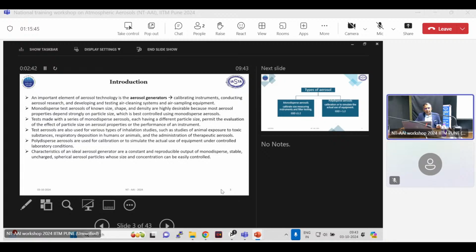Tests made with a series of monodisperse aerosols, each having a different particle size, permit the evaluation of the effect of particle size on the performance of the instrument. Then polydisperse aerosol is used for calibration of some equipment in controlled laboratories, and naturally generated aerosol will basically be polydisperse because of many phenomena.